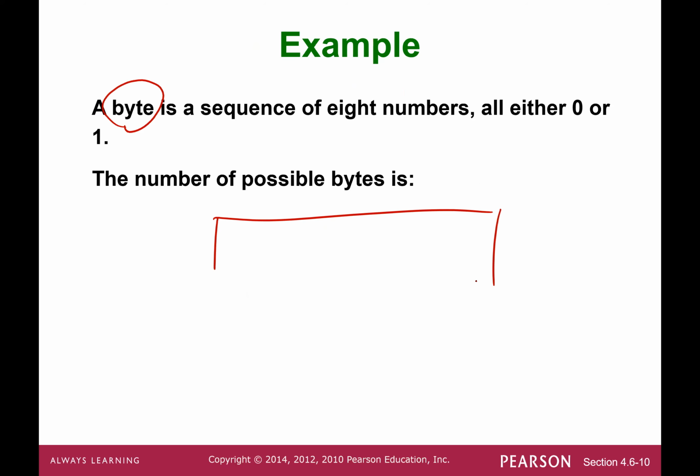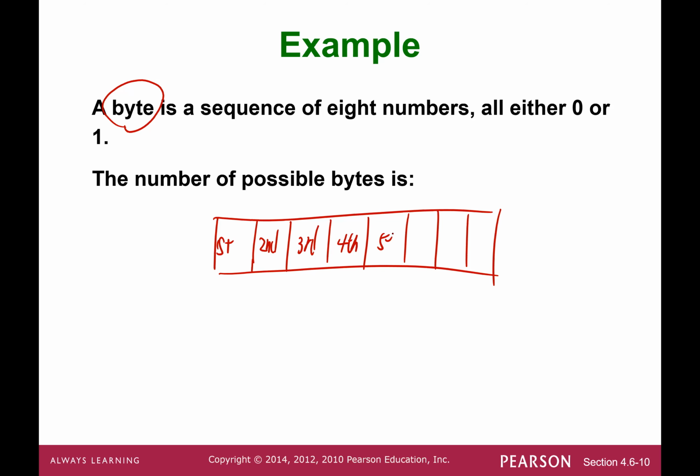They want you to find out how many possible bytes are available. So this is the first, second, third, fourth, fifth, sixth, seventh, and eighth.